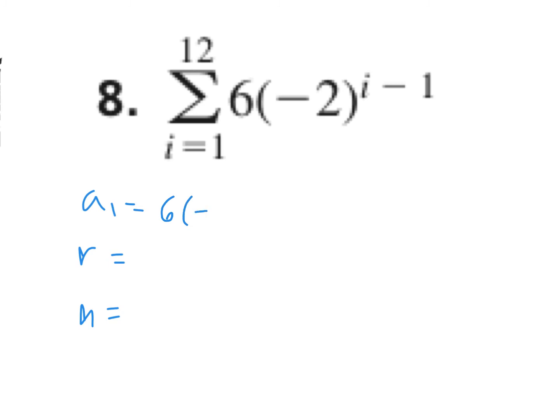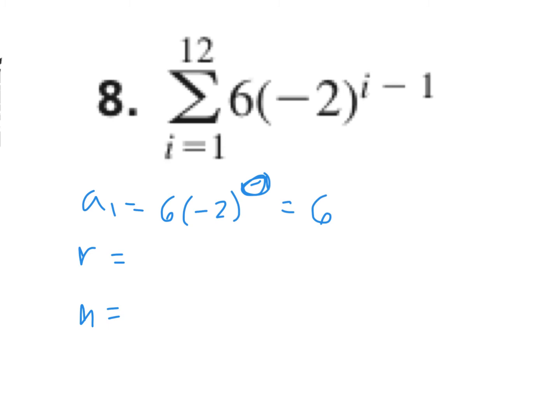So we have 6 times negative 2 to the power of 1 minus 1. What do we get here? 6. Perfect. 1 minus 1 is 0. Negative 2 to the power of 0 is just 1. And 1 times 6 is 6.